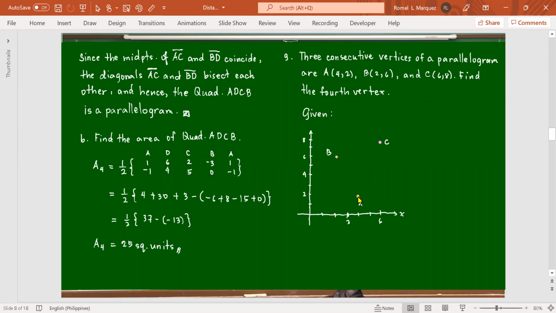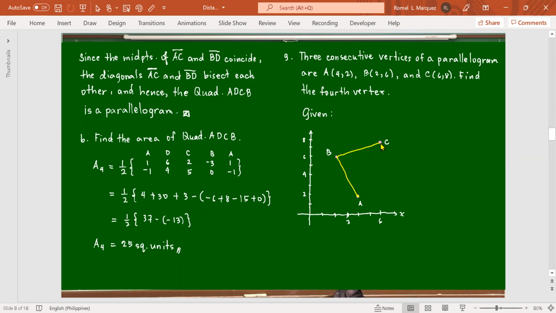B, because of consecutive, I connect to B, not to C. If you connect to C, you will form another parallelogram, not what we want. A going to B, then B going to C.